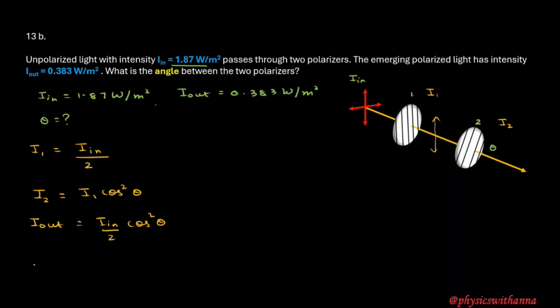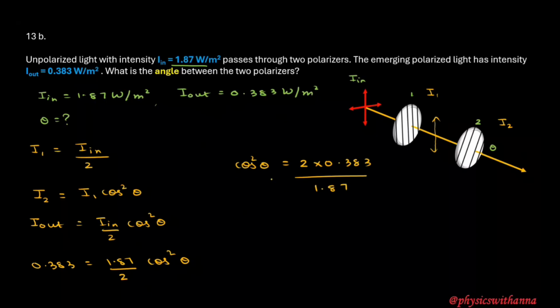Now let's substitute the values. I out is 0.383, I in is 1.87, by 2 cosine square theta. Rearrange to write in terms of cosine theta because we need to find the angle theta. So we get cosine square theta equals 2 times 0.383 over 1.87. Since we want theta, let's take the square root on both sides.